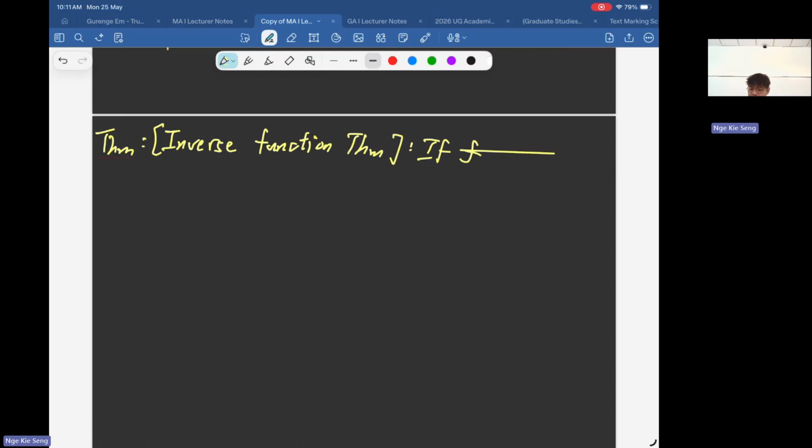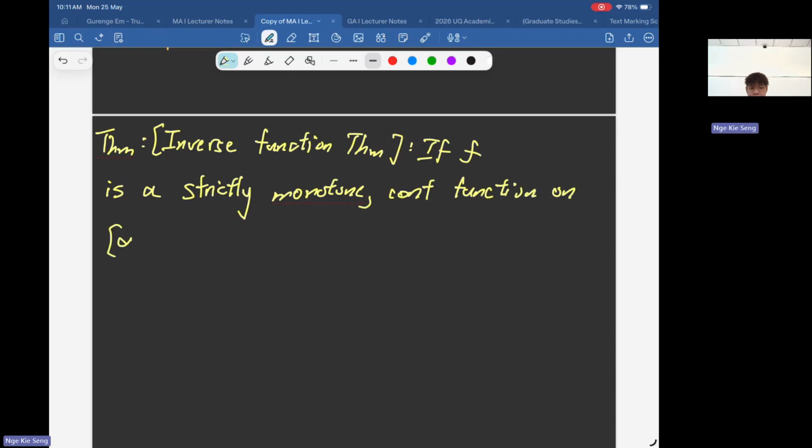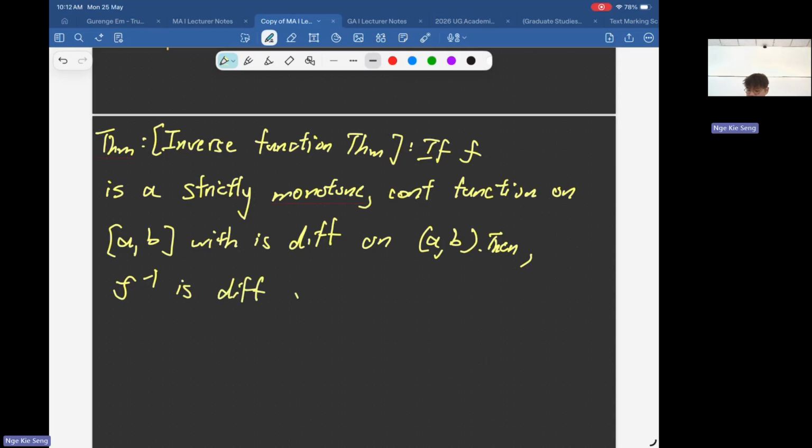All right, so if f is a strictly monotone, continuous function on closed interval [a,b], which is differentiable on open interval (a,b), then f inverse is differentiable at every point y naught of [f(a),f(b)].